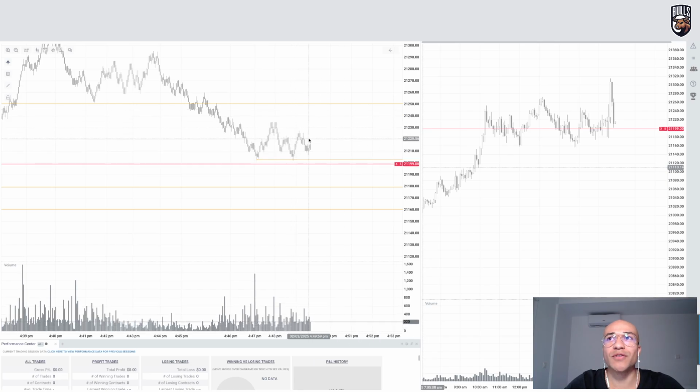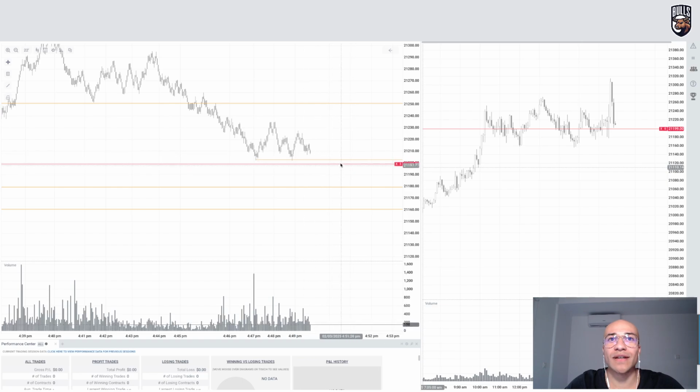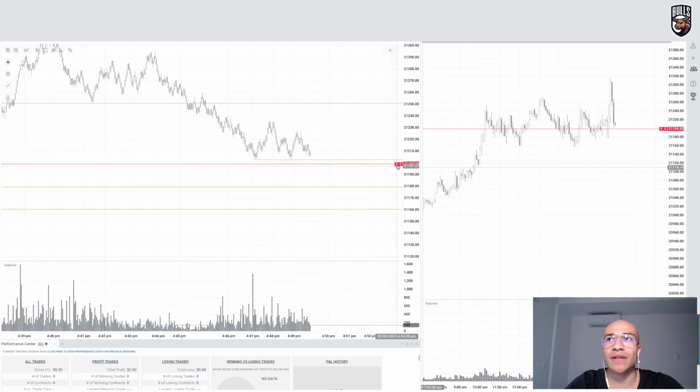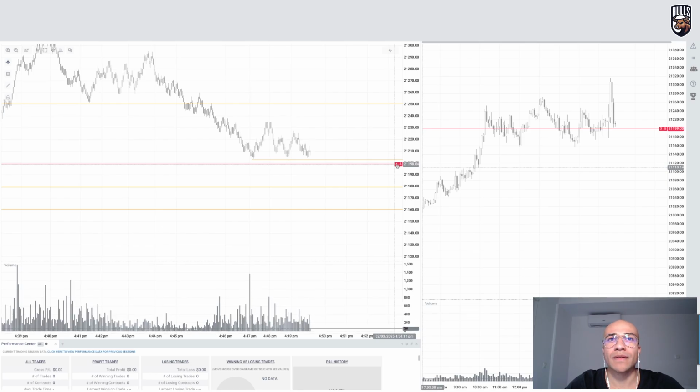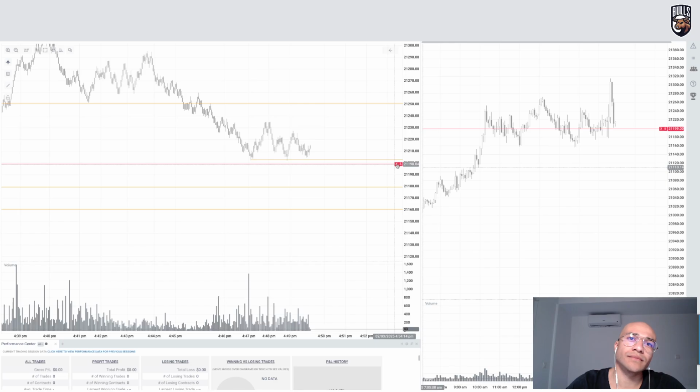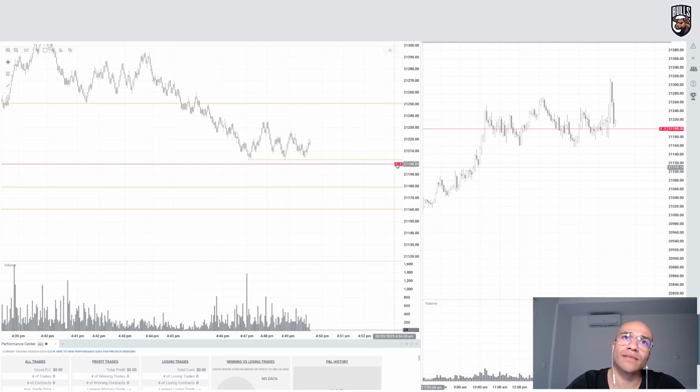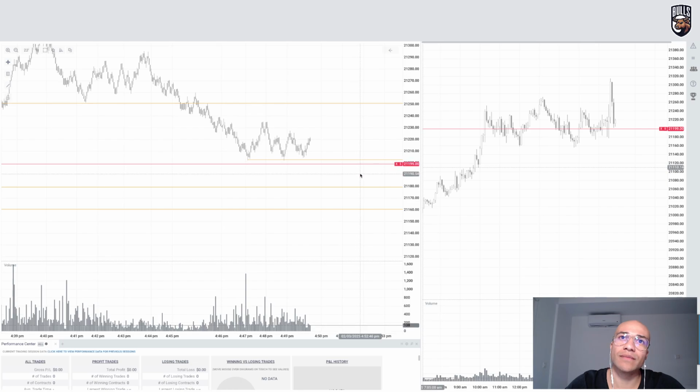I obviously also don't want to get filled here right at the bottom. Due to the way the price is moving here, I don't feel too confident getting in just now. So I'm waiting for the definite break of 200.